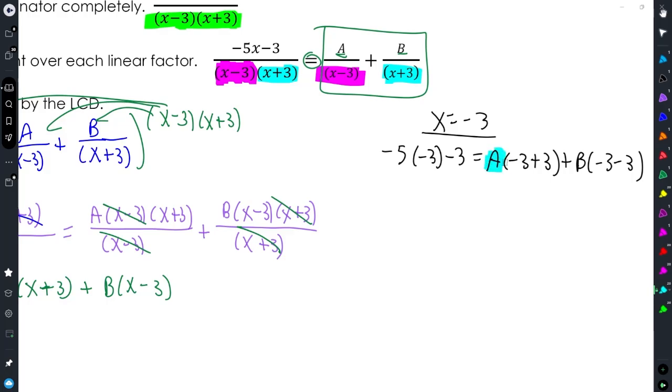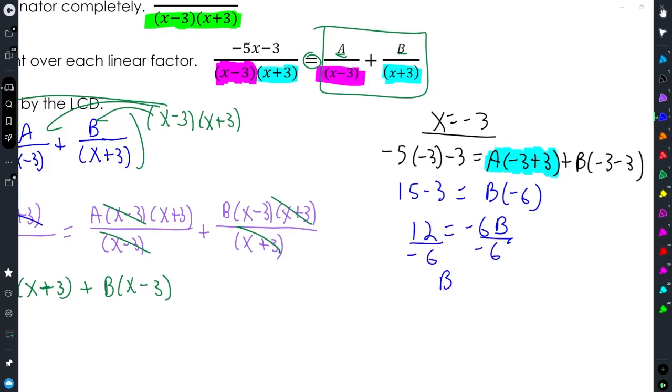Well, this part right here is 0, because negative 3 plus 3 is 0. 0 times a is 0. So on the left side, we get positive 15 minus 3 equals b times negative 3 minus 3, which is negative 6. 15 minus 3 is 12. So 12 equals negative 6b. And then we divide both sides by negative 6. B is equal to negative 2.